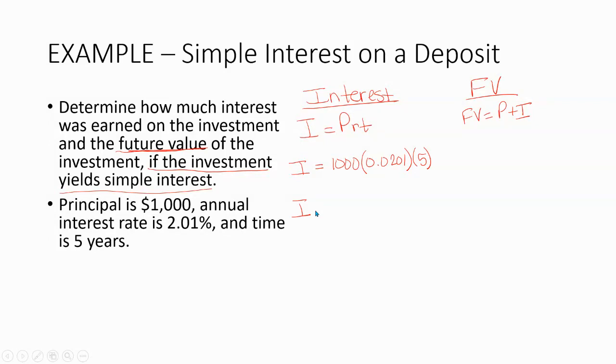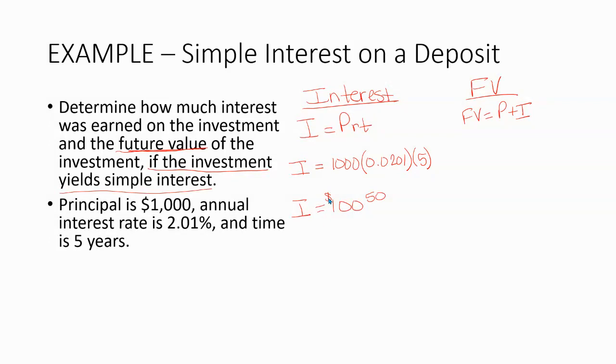I am not going to pull up Desmos for this one because we have done so many problems exactly like this. I'm just going to do this on my handheld. I'm saying 1,000 times 0.0201 times 5. And we have $100.50.